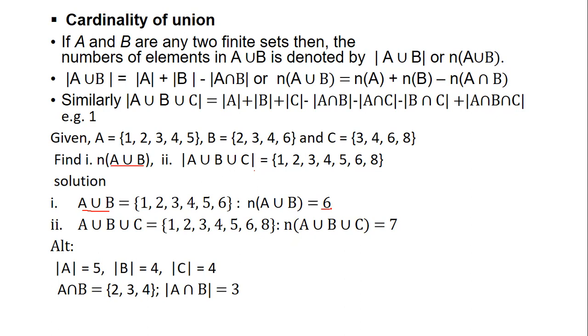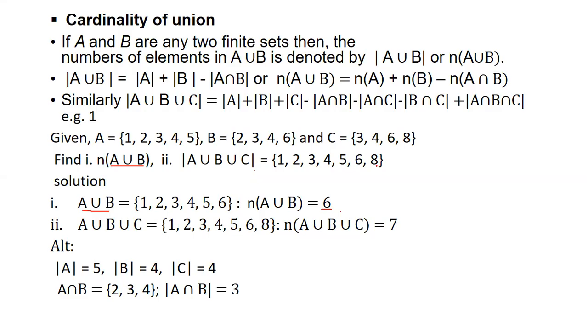Now, let's also find the union of all the sets A, B, C. So we have 1, 2, 3, 4, 5, 6 for A union B. Now let's also join it with C. C also has 3, 4, 6, which have already been captured. That will just include the 8.